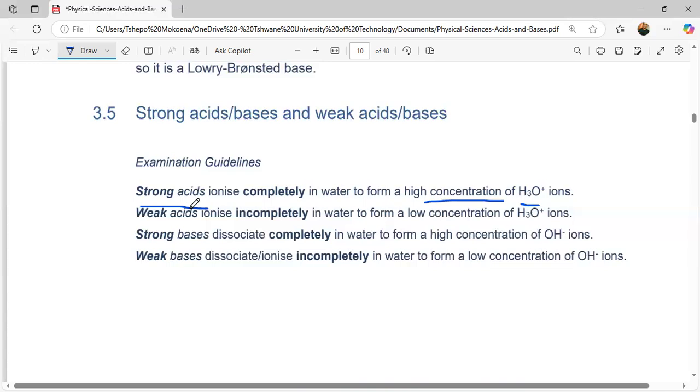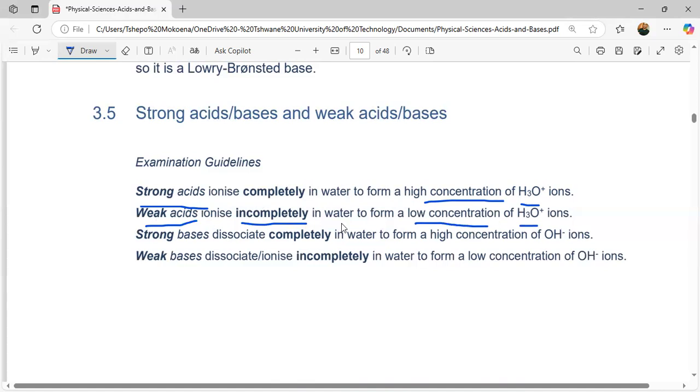But when we talk about a weak acid, we say it ionizes incompletely, or partially, in water to form a low concentration of hydronium ions.